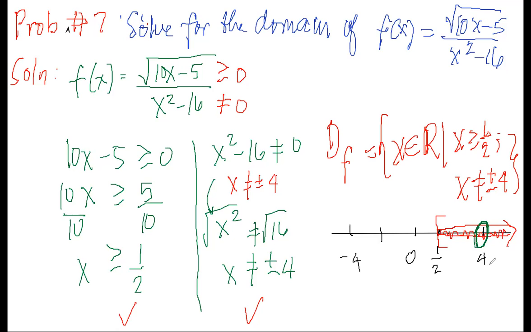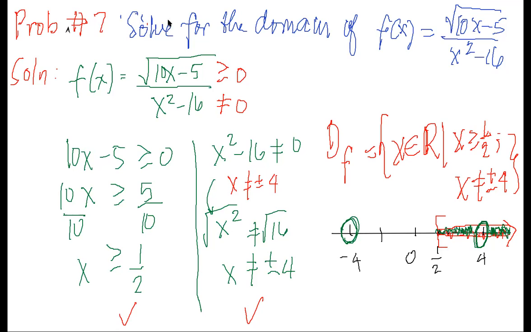All right? This is hollow. And also x is not equal to -4. However, the intersection of the two restrictions can be found here, wherein 4 is not part of the solution and it's part of the restriction.